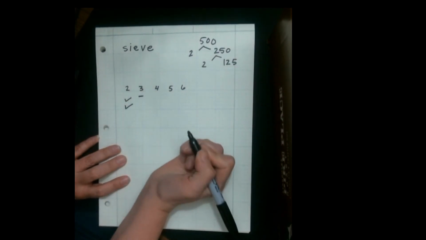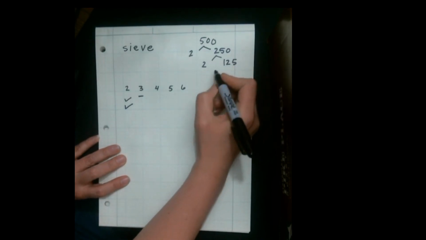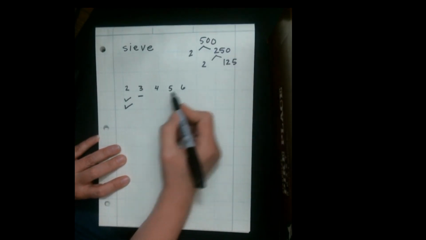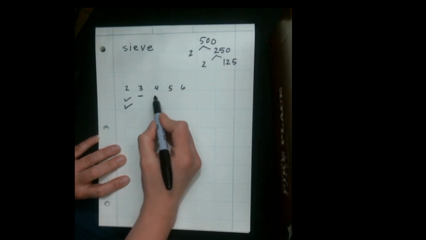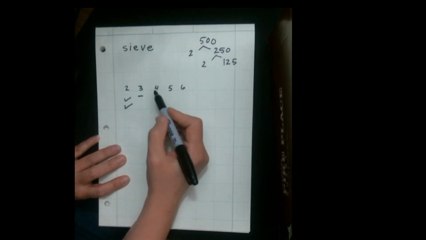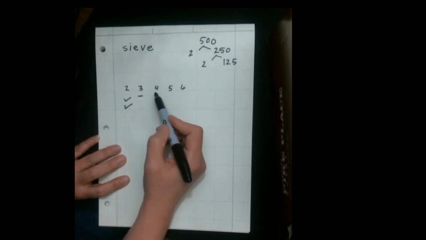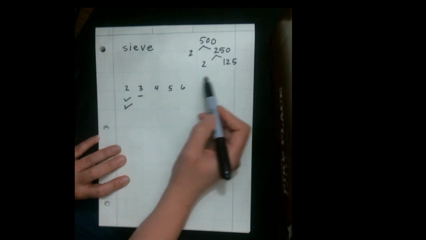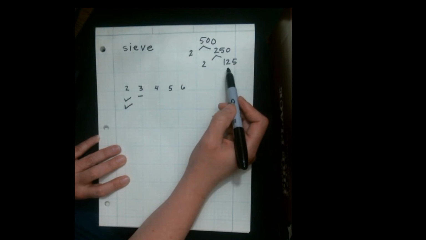I'll just put a line here. There were no 3's that we could factor out. Even though the number 500 is divisible by 4, 4 can evenly divide into 500, it cannot evenly divide into 125.